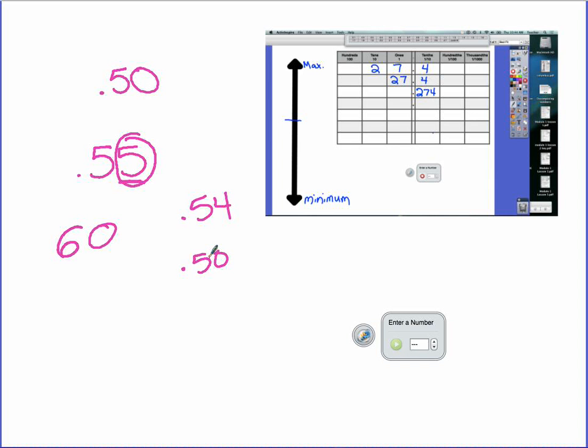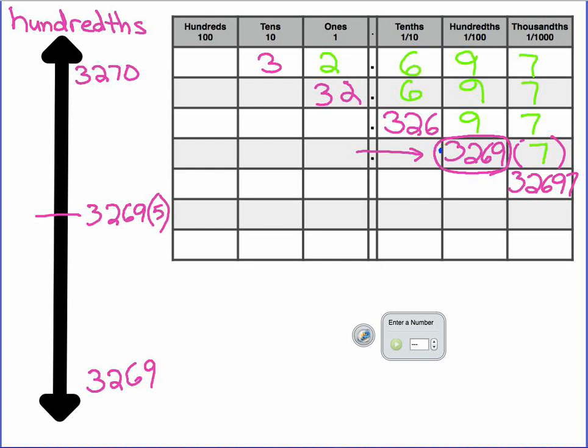So the reason we're doing this right here, and we're not looking at the 9, but we're looking at the neighbor, is because everything after the place that we're rounding to doesn't matter anymore.